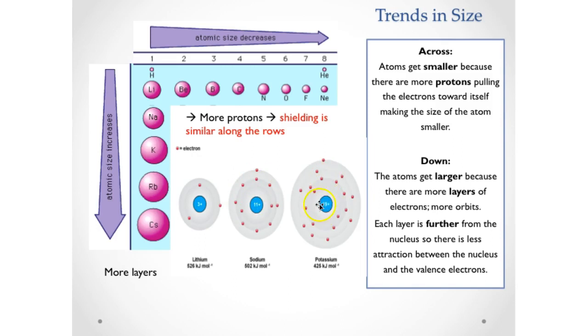And here, even though there are more protons, there are a lot more electron orbits here. And so the attraction between the nucleus and the outer electrons is actually much smaller, despite the fact that there are more protons. The attraction is smaller because there's so many electrons here that are getting in the way.